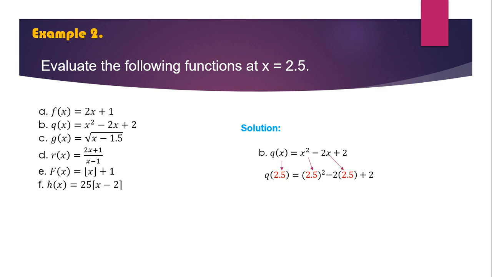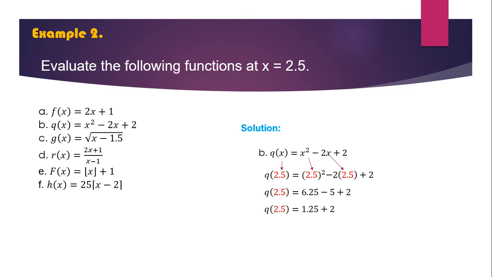So after that, we're just going to simplify. The square of 2.5 is just 6.25. 2 times 2.5 is 5. Then copy 2. So that becomes 6.25 minus 5 plus 2. So we're going to simplify.